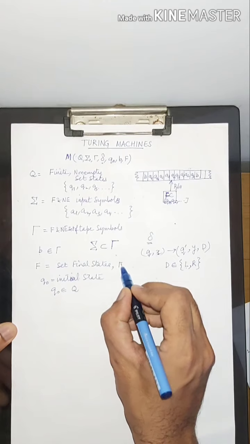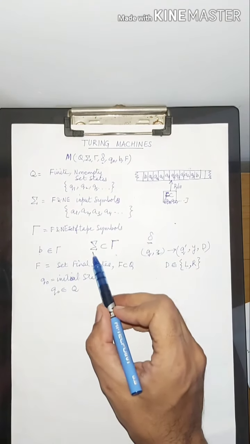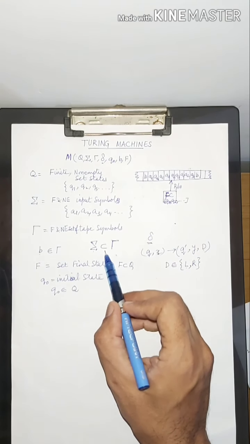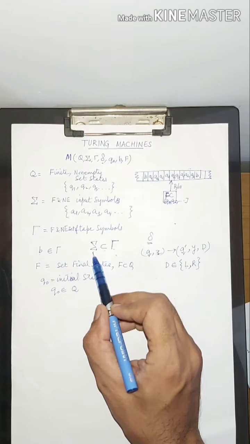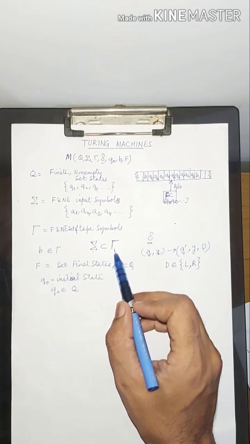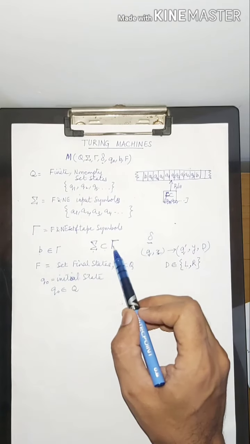So therefore F is also a subset of Q. Here one more thing you have to note is that sigma is a subset of tau, meaning all the symbols of the input set are contained in the set of tape symbols, but a few additional symbols are there, as here in our example we have additional symbol B used in it.